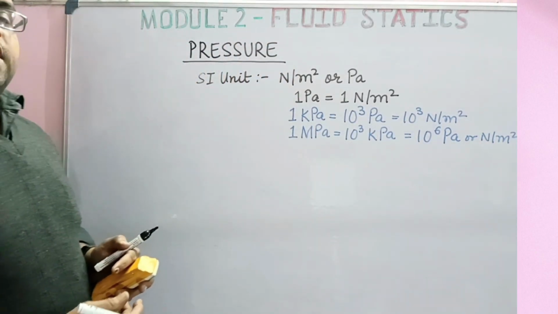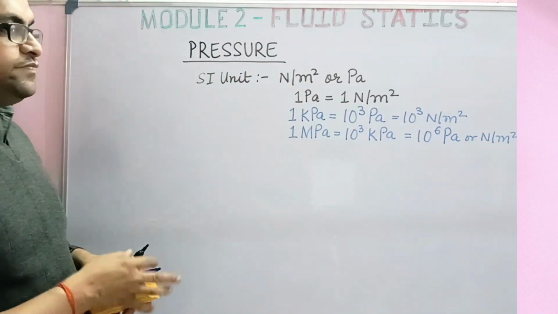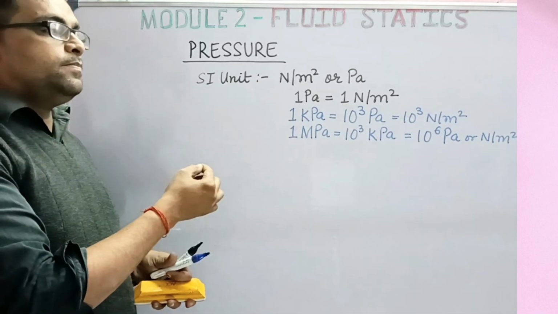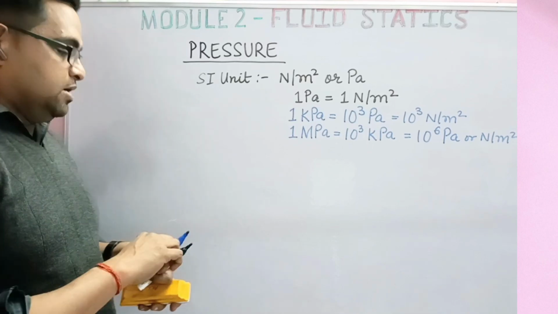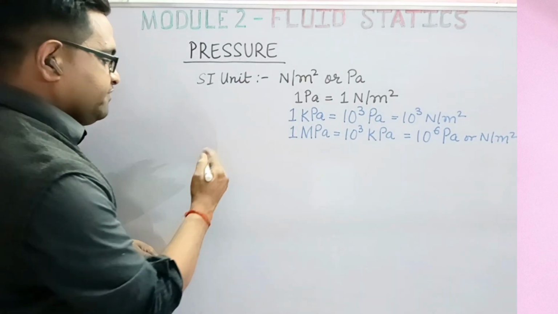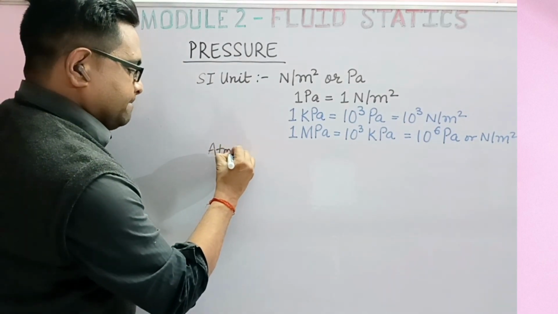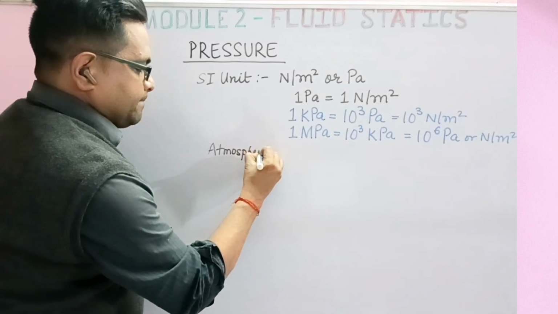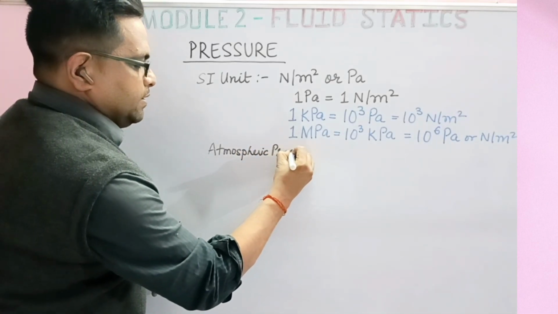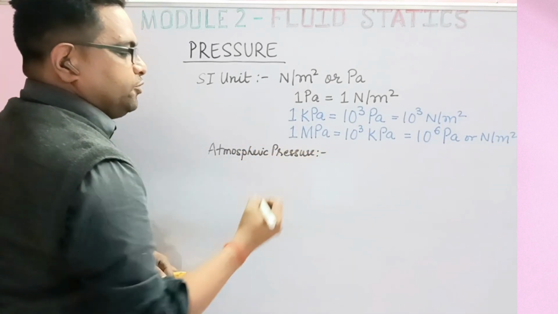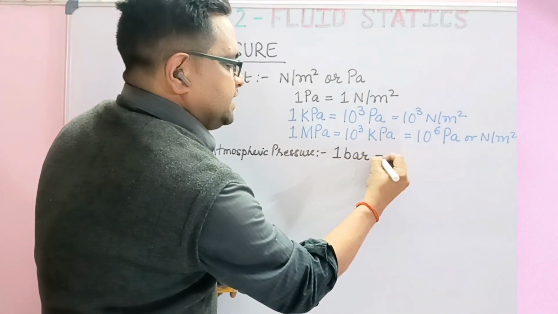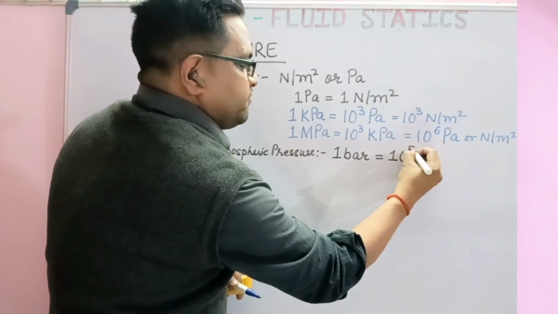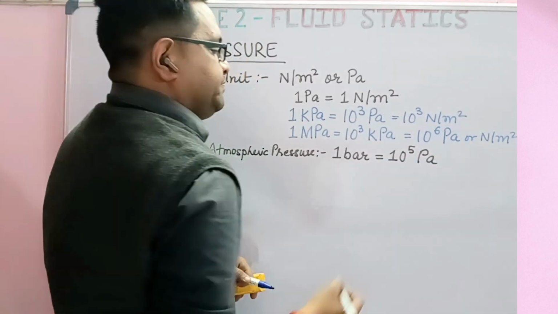Then we have the unit for atmospheric pressure. For atmospheric pressure, the pressure 10 to the power 5 Pascal is what we call a bar. So for atmospheric pressure the unit used is 1 bar, and 1 bar is 10 to the power 5 Pascal.